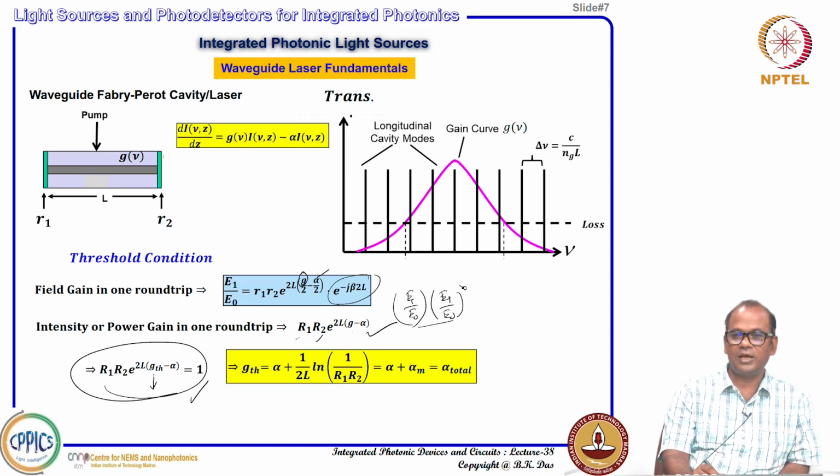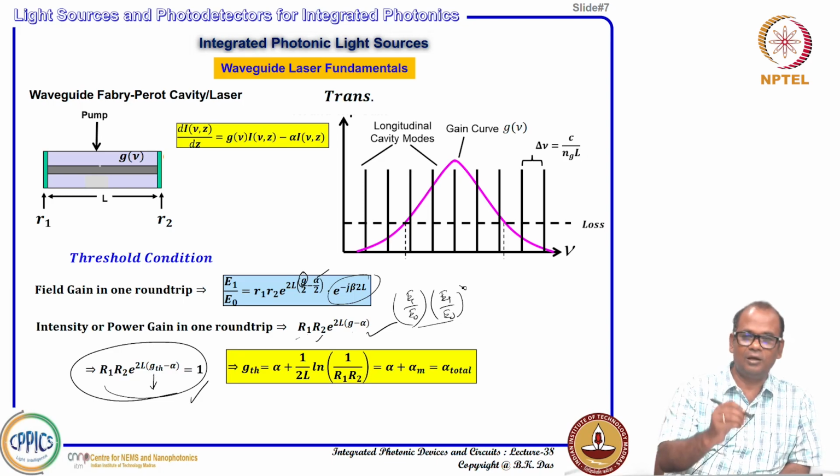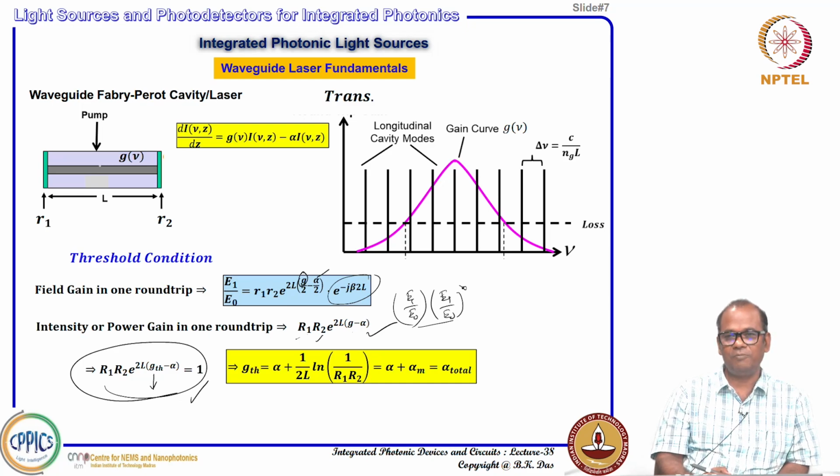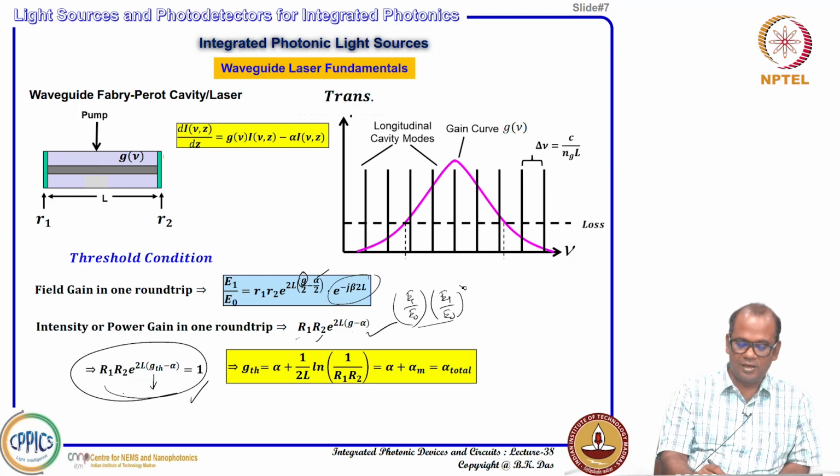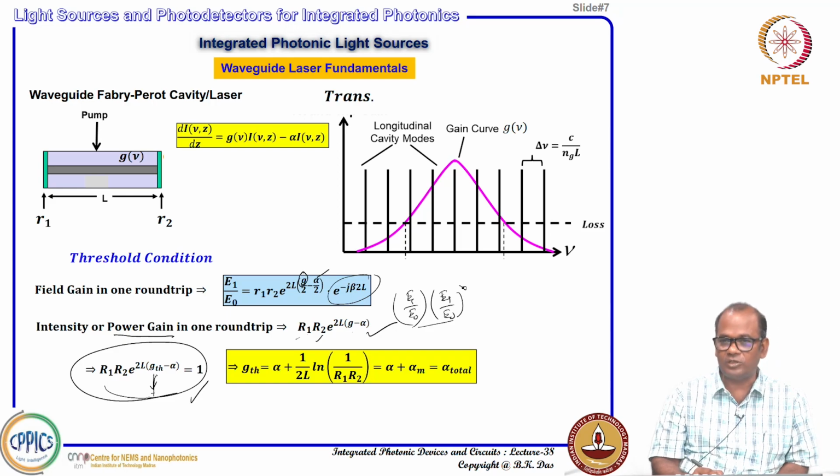G threshold is the gain coefficient you are activating after supplying pump into the laser active waveguide. Then in one round trip the intensity or power gain will be just 1. Remember that there is a power gain, but for G threshold we are considering the threshold gain coefficient.